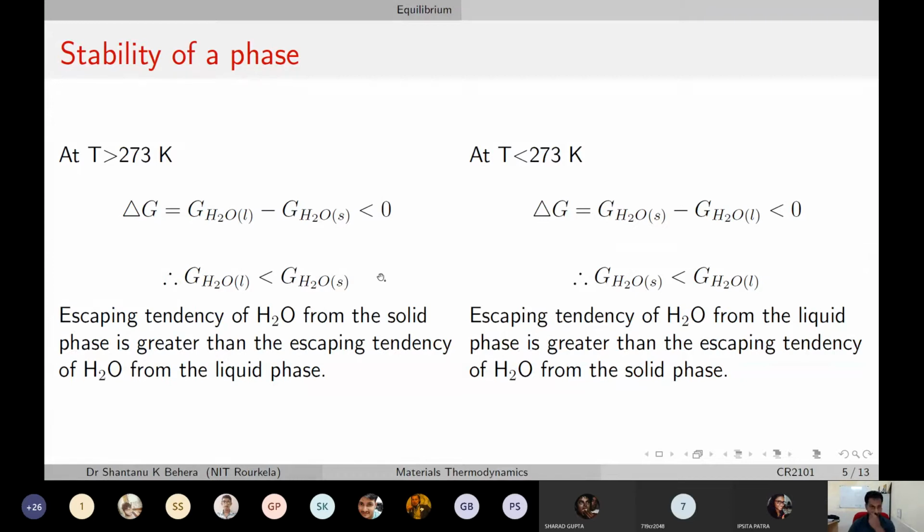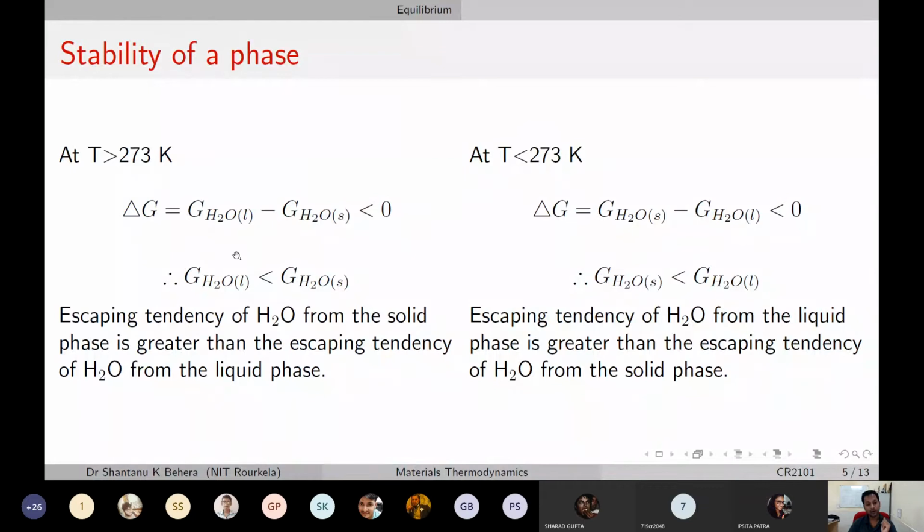What does it mean actually? If you have to define it in words, the meaning of that is that the escaping tendency of water from the solid phase is greater than the escaping tendency of water from the liquid phase. That means water would like to be in the liquid state rather than in the solid state.